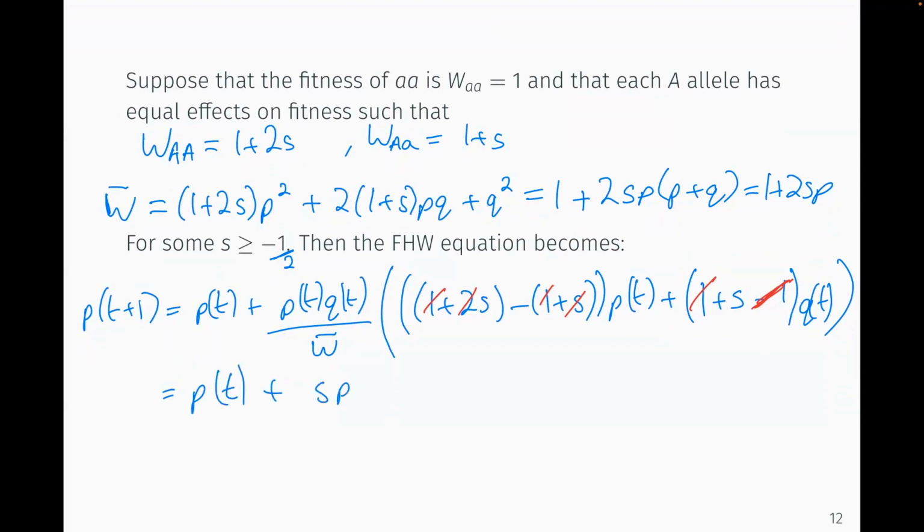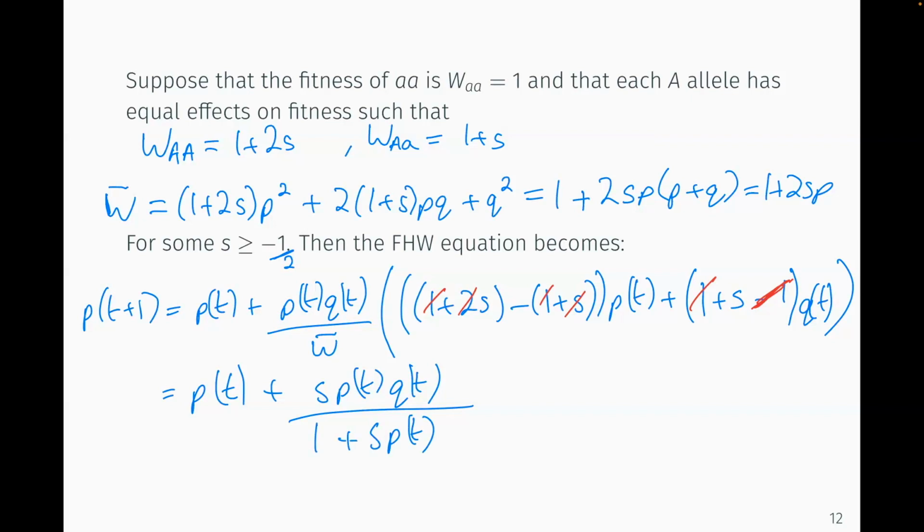We have s, P of t, Q of t, and then we had our mean fitness on the denominator, which is just 1 plus s times P of t. Yes? Wasn't it 1 plus 2s on the bottom?